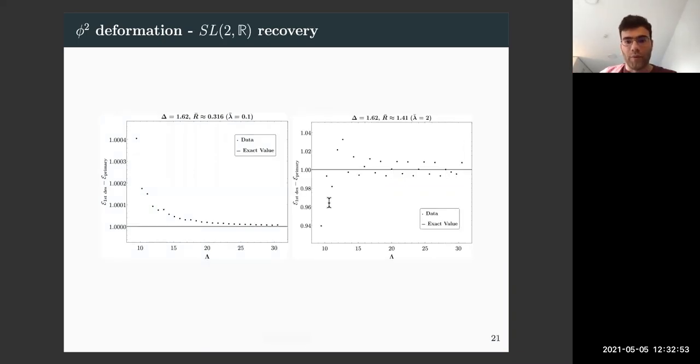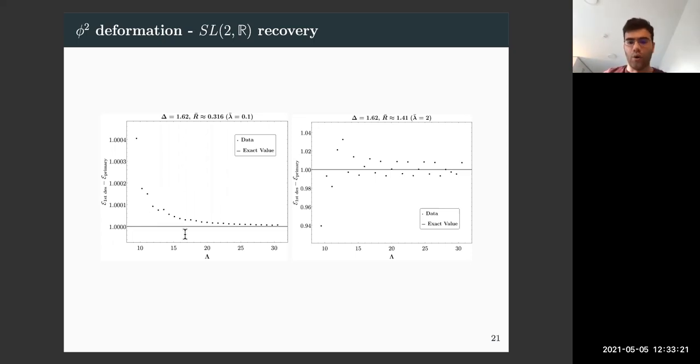We also want to recover SL2R, as we discussed that SL2R will be broken by introducing this UV cutoff lambda, and we want to check if SL2R is recovering. Here I'm showing both of them, but on the left one first, I'm showing the low coupling, lambda bar equal 0.1, and I'm showing the first excited energy, the descendant minus the primary.